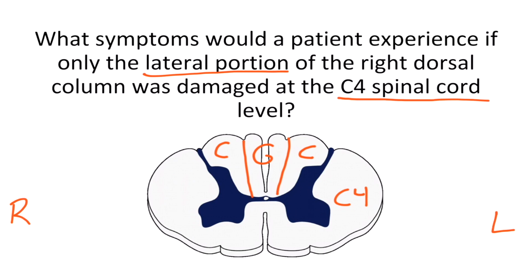So if the right lateral portion of the dorsal column is damaged, we'll fill in this damaged area here. As we discussed on the previous slide, anything below this lesion on the ipsilateral side will experience loss of vibration and proprioception.